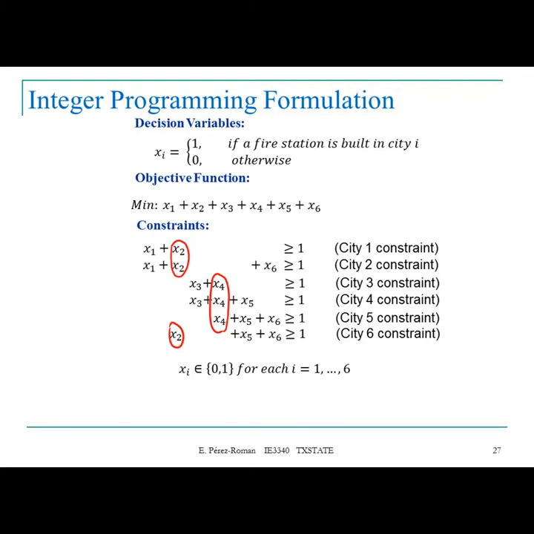If you have x2 equals 1, these 3 constraints are going to be satisfied. So the optimal solution for this problem is x2 equals x4 equals 1. Questions?